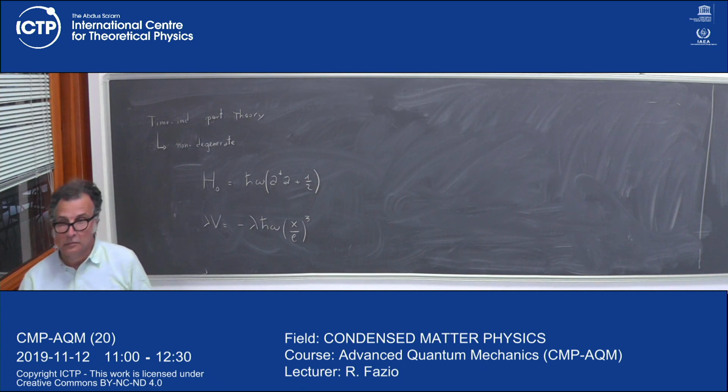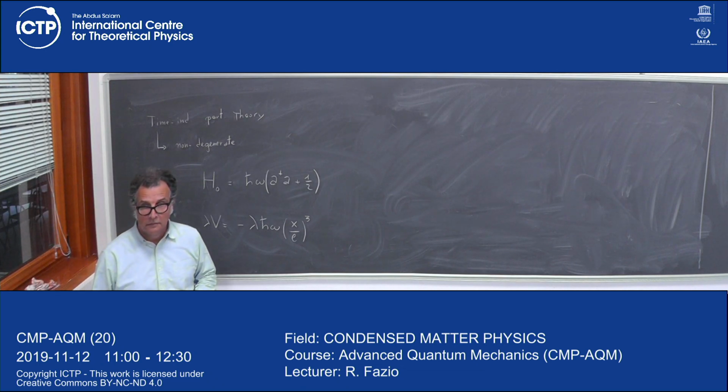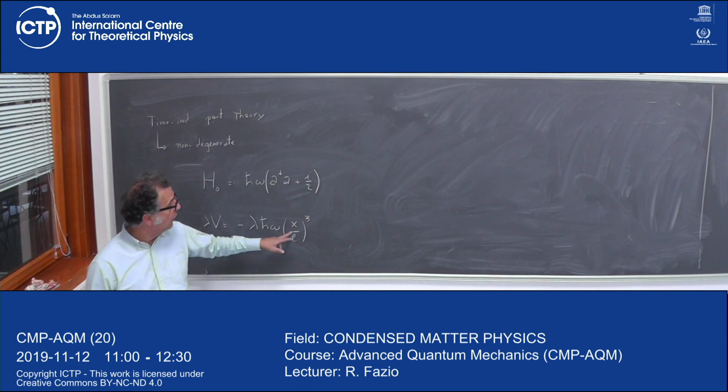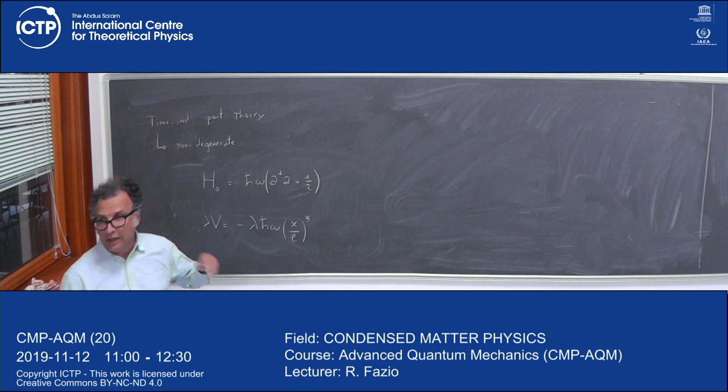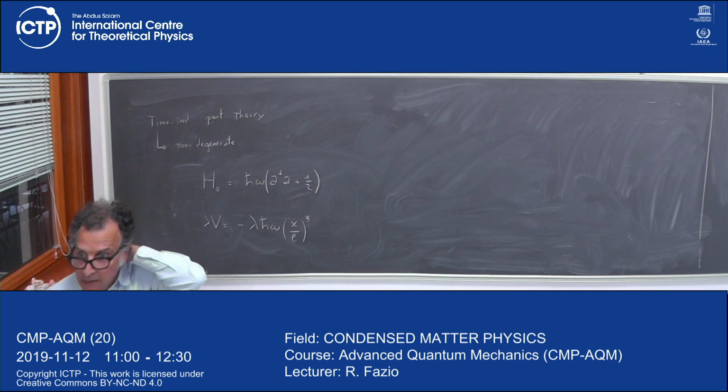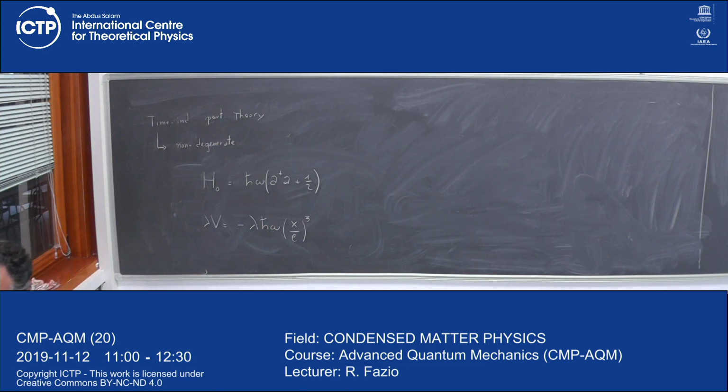L is a length. When you write the harmonic oscillator, X over L is dimensionless, and then you can write X over L as a plus a dagger. So you construct L from h bar, omega, n, whatever.